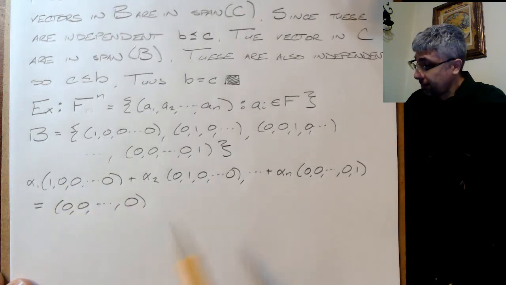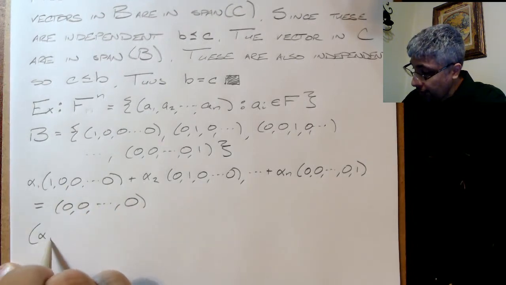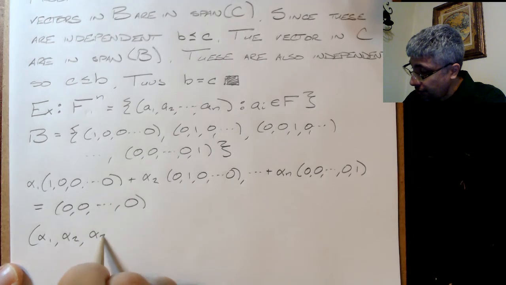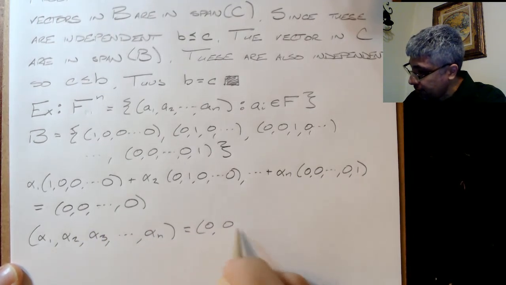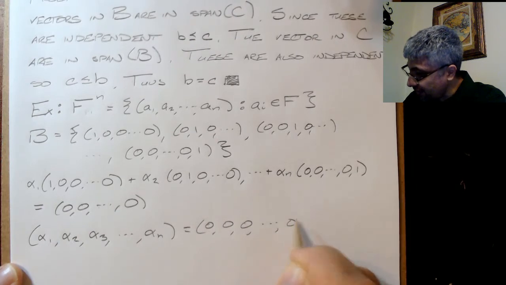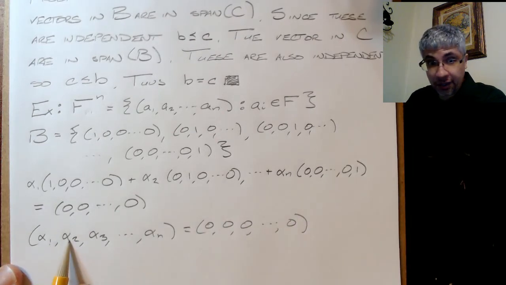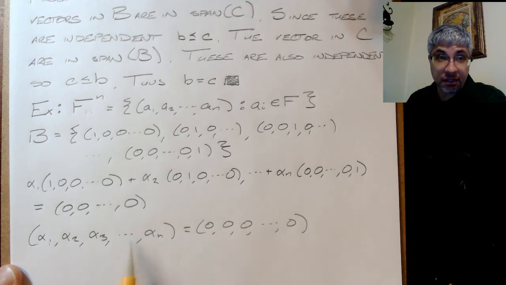Well, this happens to be equal to (alpha 1, alpha 2, alpha 3, through alpha n), and this has to be equal to 0. So I know that alpha 1 and alpha 2 and alpha 3 and all of these must be 0. That's the only way that these two things can be equal.